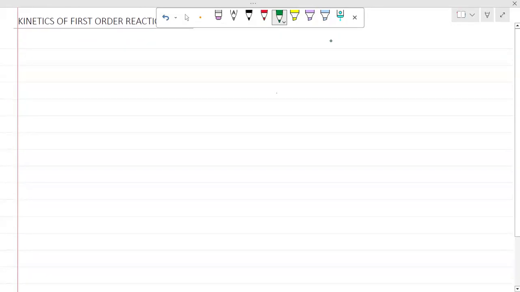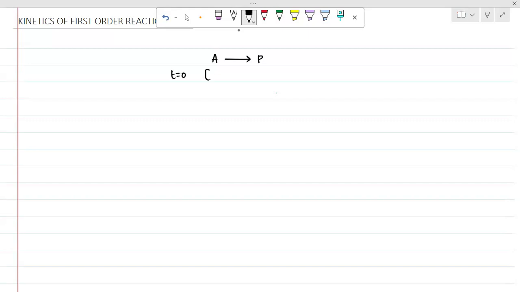Okay, so let's start. Let's say that we have a reaction where A is becoming P, products. As we know, the initial concentration is represented as A naught, where product is not being formed.